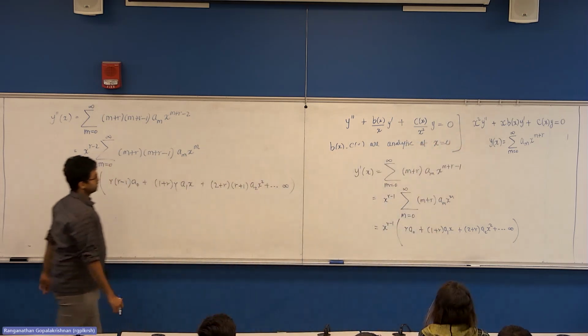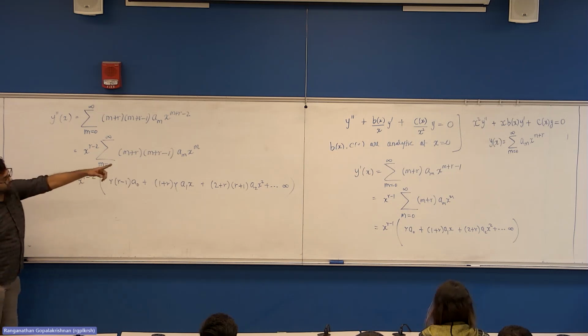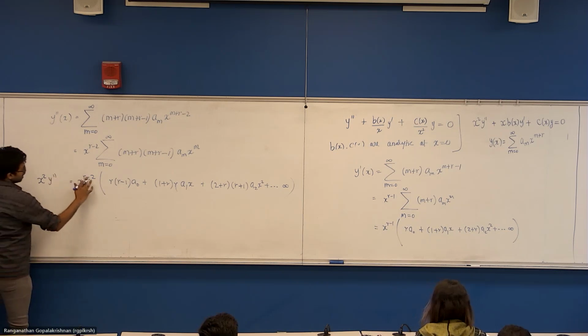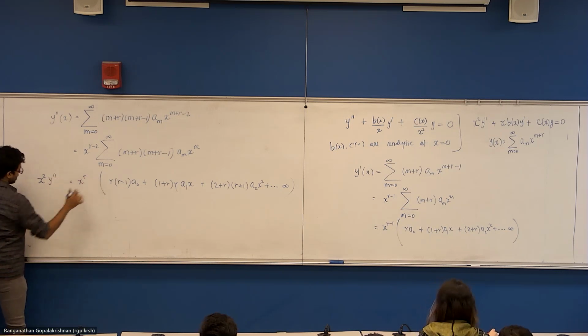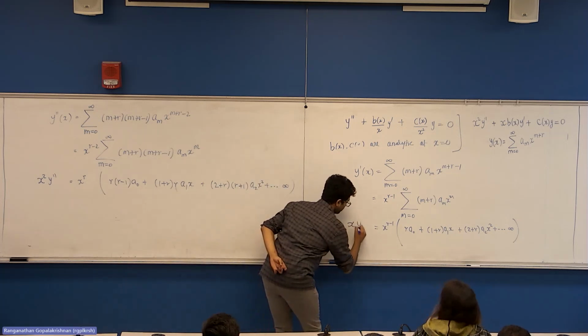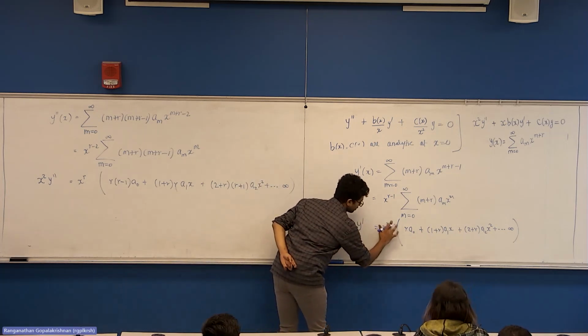You can write x squared times y double prime. This x squared goes away. Similarly, x times y prime, this x goes away.